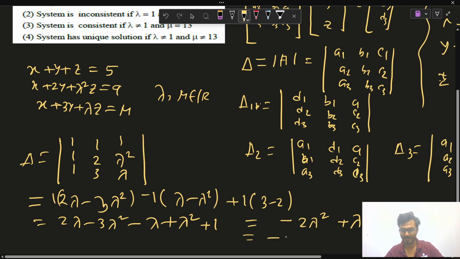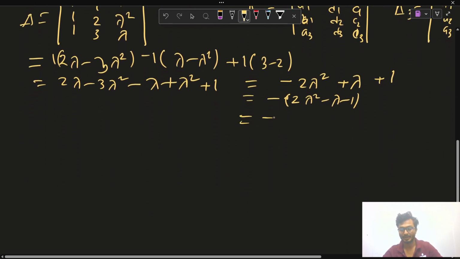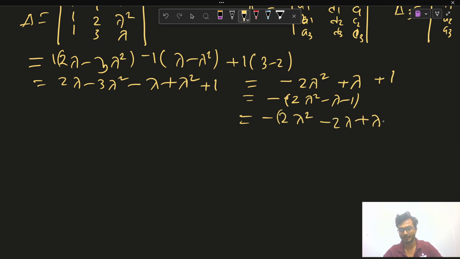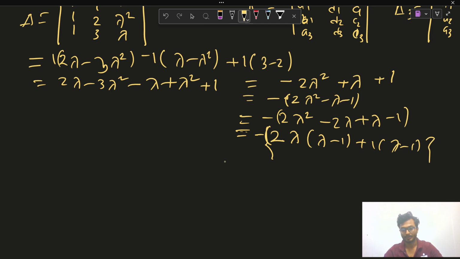We can write it as minus (2 lambda square minus lambda minus 1). So this can be written as minus (2 lambda square minus 2 lambda plus lambda minus 1), right? So this equals minus of 2 lambda, taking 2 lambda common, lambda minus 1, plus 1 into lambda minus 1. So that is minus of (lambda minus 1) into (2 lambda plus 1). So this is what we get.